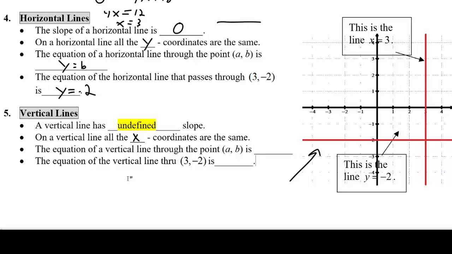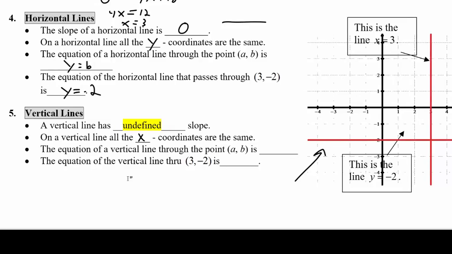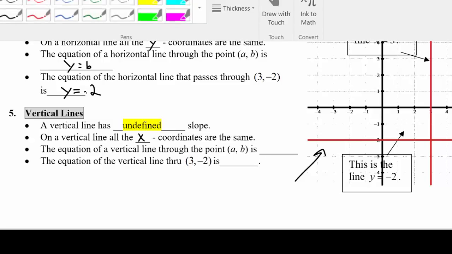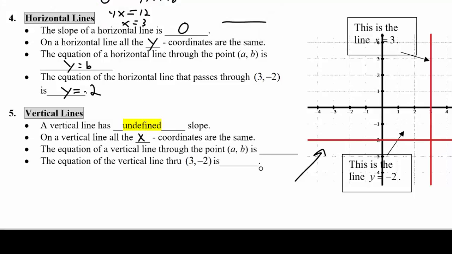The equation of a vertical line through the point (a, b) would be x equals a. And the equation of the vertical line through the point 3, -2 would be x equals 3. I think that completes this video.